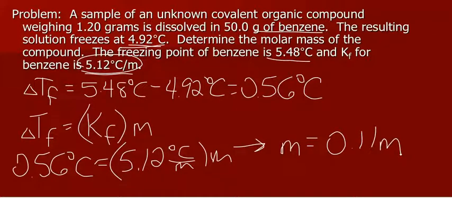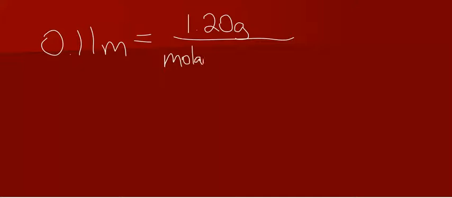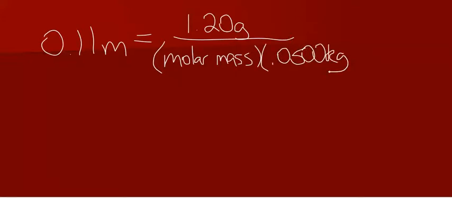Let me move to the next slide. I want to get the molar mass of the compound. So I know the concentration, 0.11. We're going to set that equal to the mass of solute, which is 1.2, I'm told. If I put the molar mass down here, that's what I'm looking for, and I put the kilograms of solvent, which I'm told is 0.05, I can solve for molar mass from this equation.